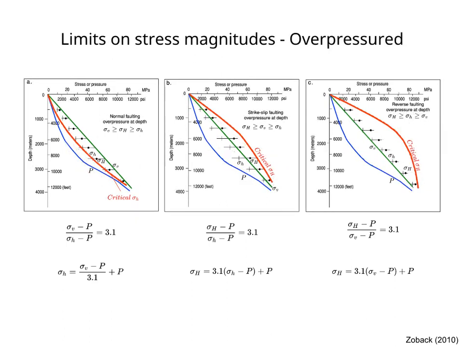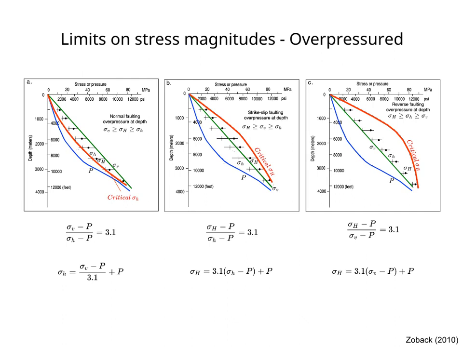What happens if we have overpressure? This is illustrated here, for the pressure versus depth profile indicated by the blue line. The lithostatic pressure is the same 23 megapascals per kilometer, and is represented by the green line. The red line indicates the critical sigma h for normal faulting, or sigma capital H for strike slip or thrust faulting.